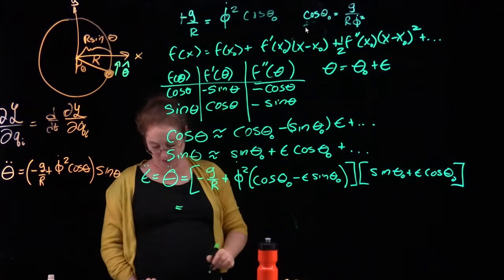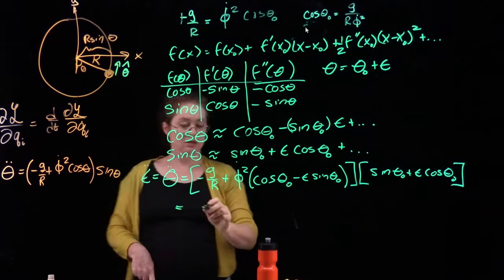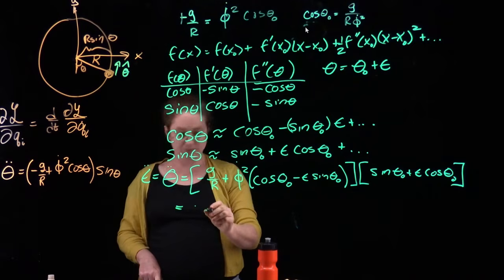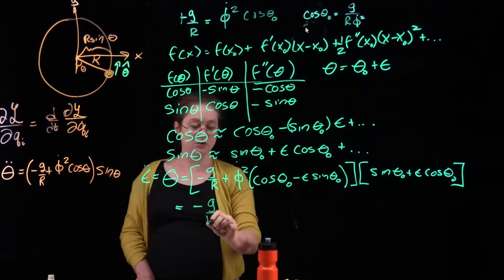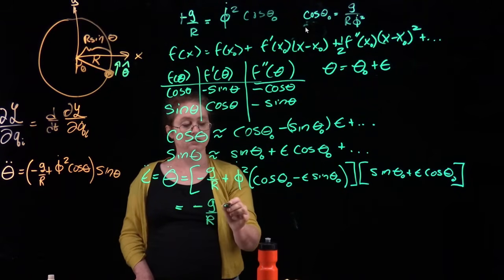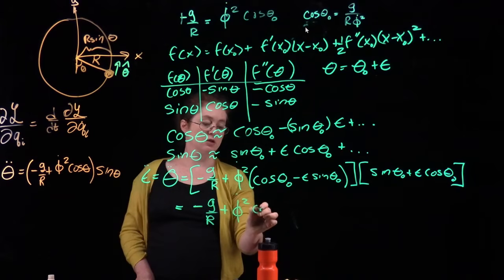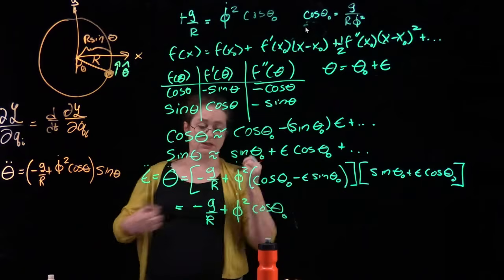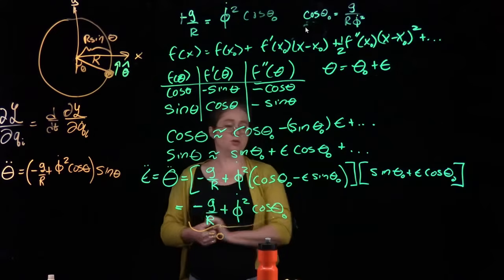Now, when we multiply all of this out, we get negative g over r plus omega naught squared cosine theta naught. Of course, this is equal to 0, because that's the whole point.